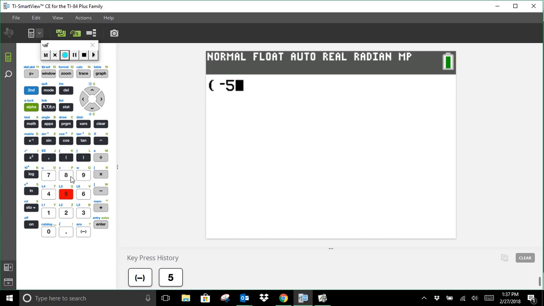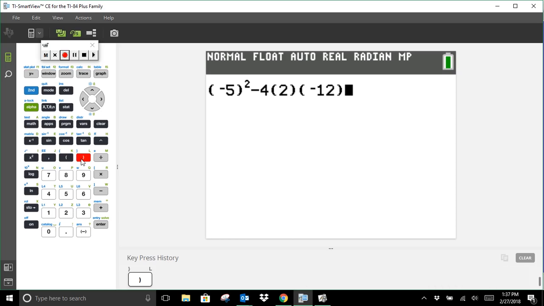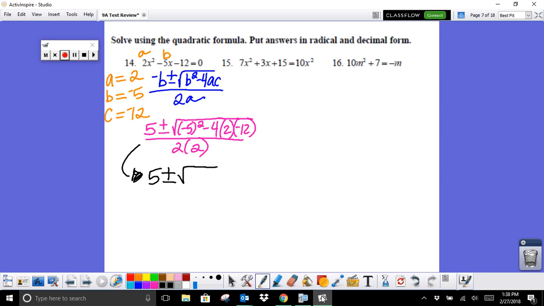So it would be negative 5 squared minus 4 times A, which is 2, times C, which is negative 12, which is 121. So that's going to be 121 under there, and then I'm going to have 4 on the bottom. So when we ask you to leave it in radical form, that would be the answer.